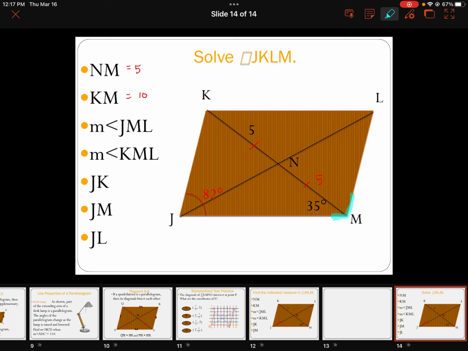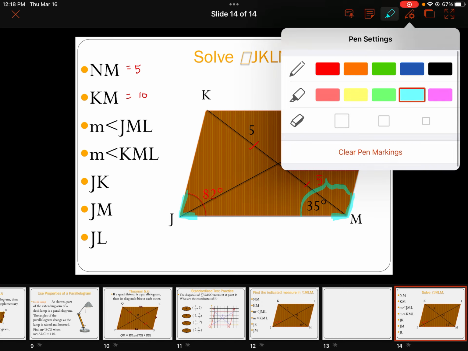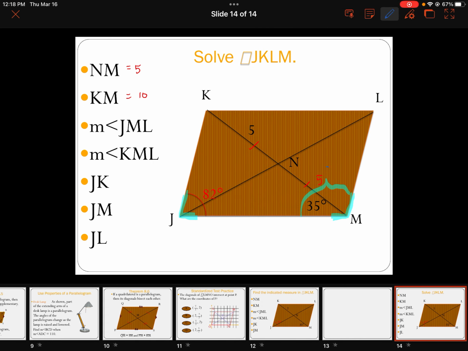Now, notice how this angle, I'll also highlight it in light blue, is 82 degrees. That means this angle over here, altogether, has to be the supplement of that other angle. So we'll call that 98 degrees. So angle JML is definitely 98 degrees.